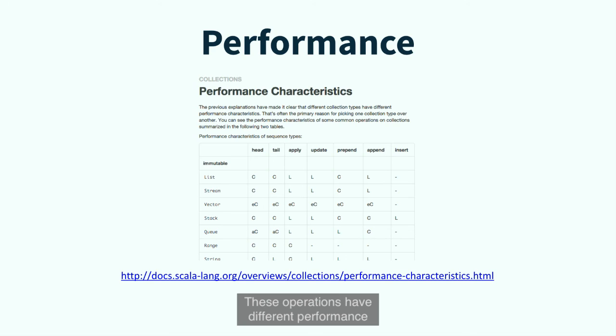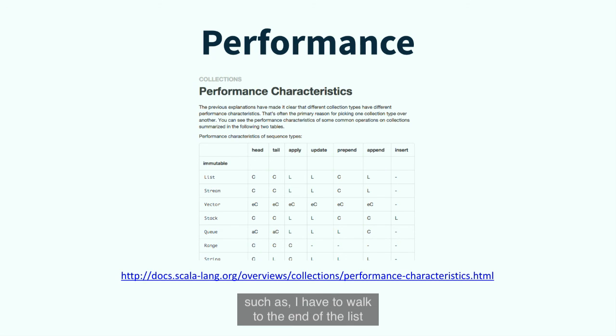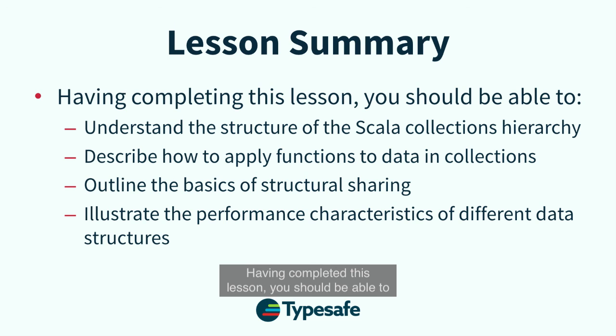These operations have different performance characteristics that are based on whether they are constant time or they are linear, such as I have to walk to the end of the list to perform this work, or effectively constant time, or amortized constant time.